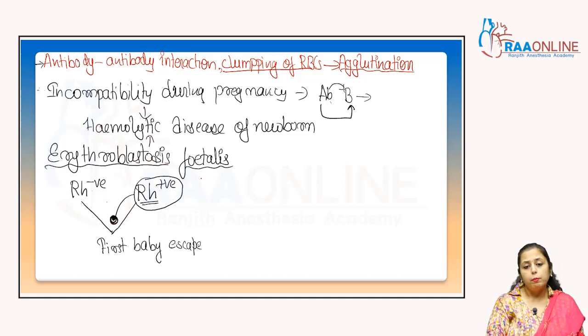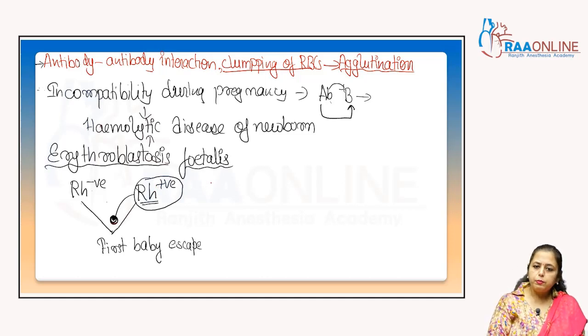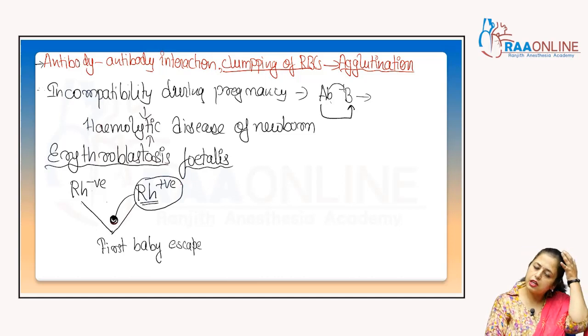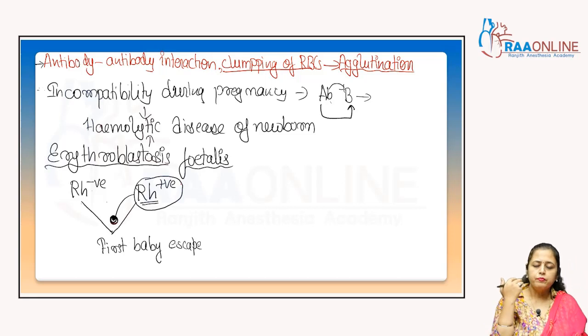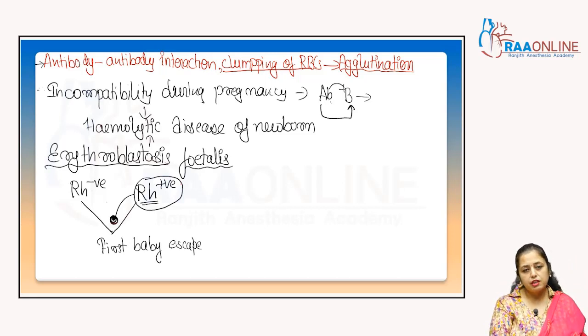That's why sometimes miscarriages occur, right? Miscarriages will be possible. And to avoid these consequences, we test the childbirth blood group just after the birth.